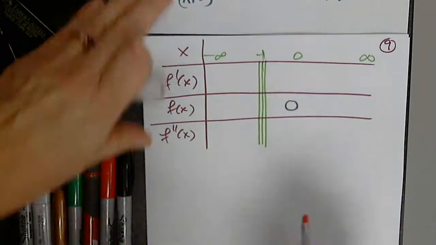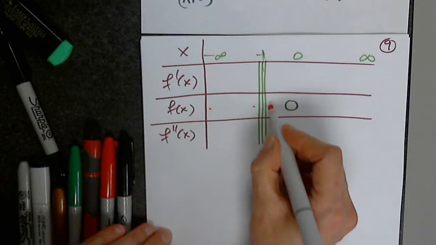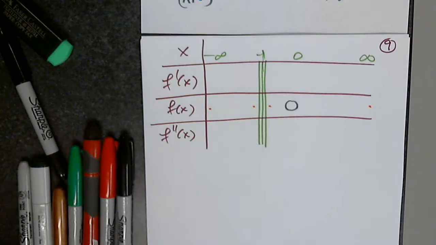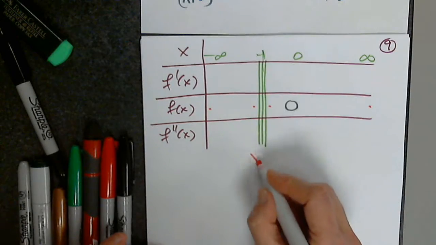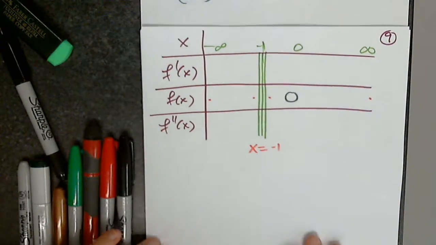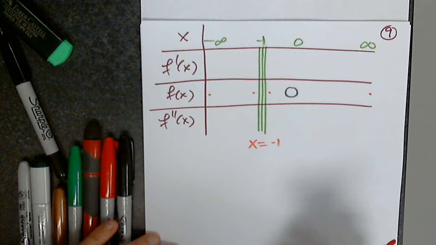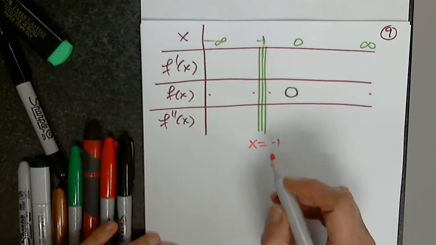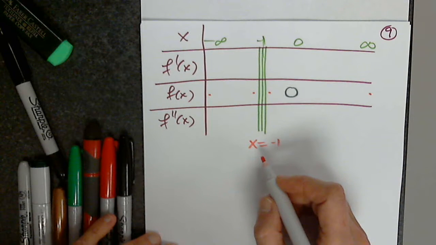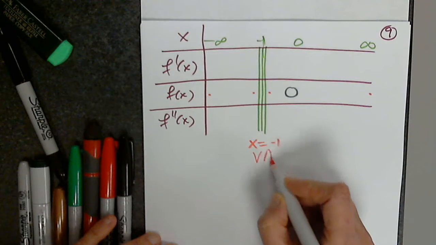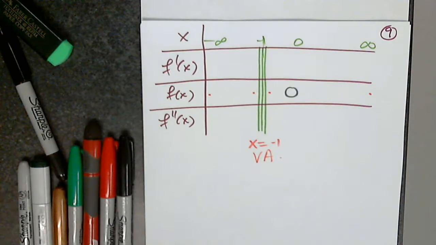So now I need to determine this, this, this, and this. Obviously, x equals -1 must be a vertical asymptote. Very good.